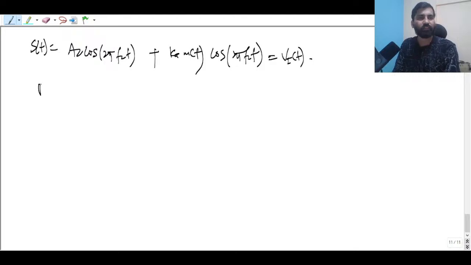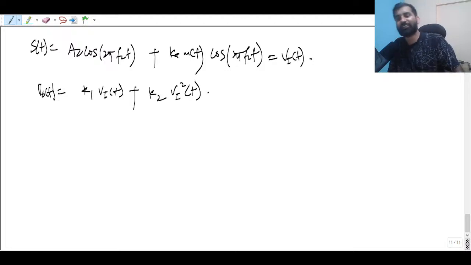Now what is the output of the non-linear device? That is nothing but k1 times vi plus, don't put square here, k2 times vi square t.